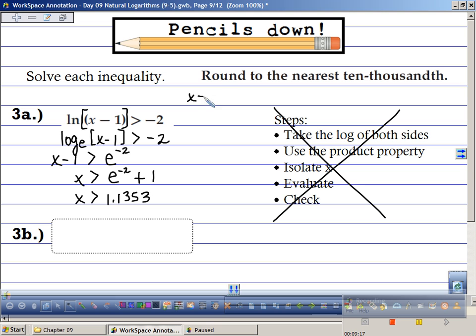So x minus 1 cannot be 0. Therefore, x cannot be what? 1. Is any solution in here going to be 1? X is going to be greater than 1.1353. So I can say that this is my final answer right there. Let's do another one.